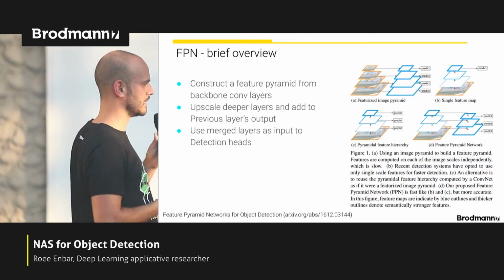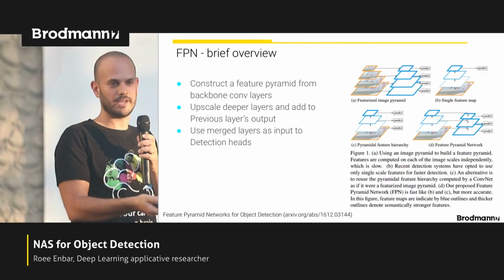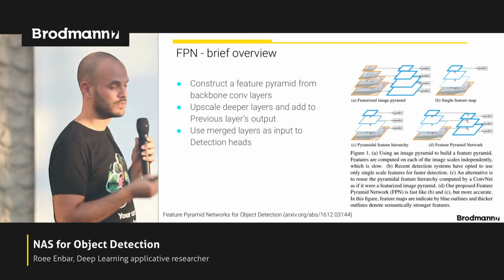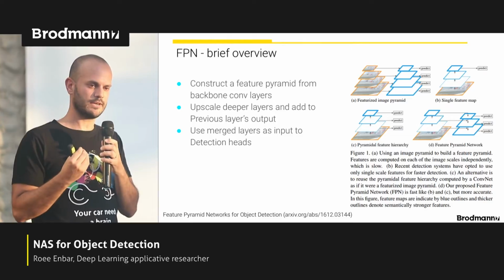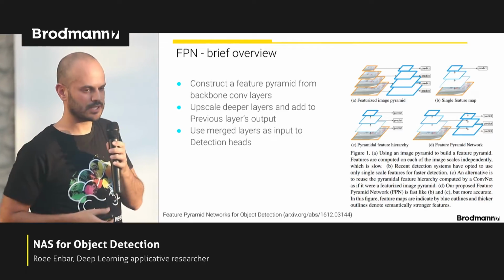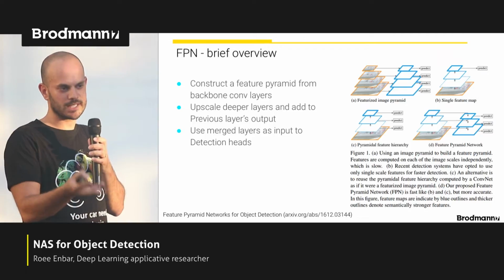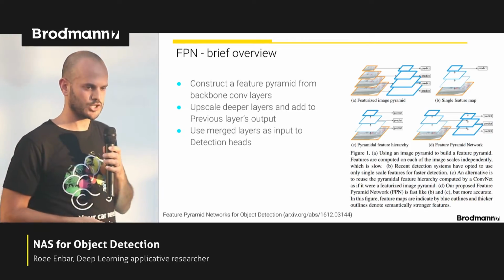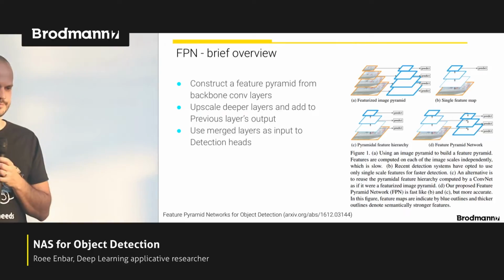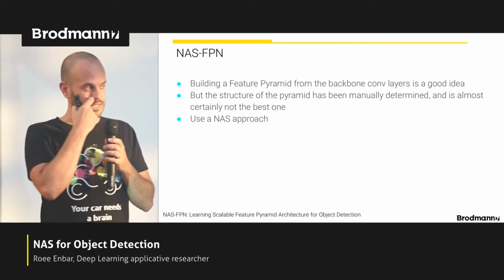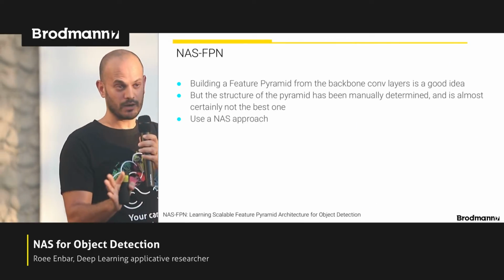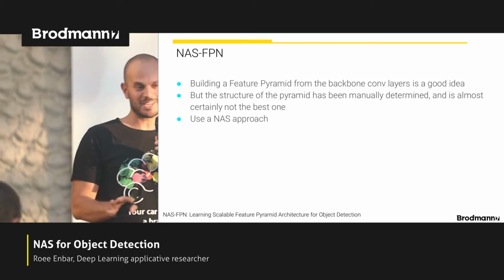They took the deepest layer, upscaled it by 2, and merged it together with the previous layer. And then they repeated this process until they had their merged features. And then we use these features as input to our detection heads, which works well. And we like it.